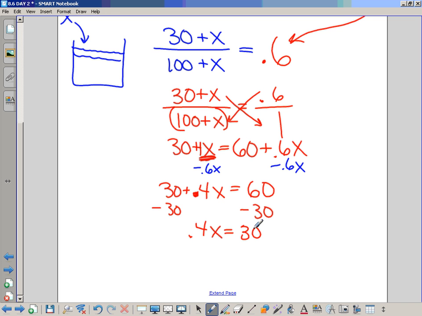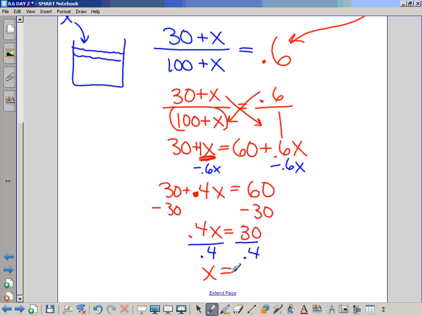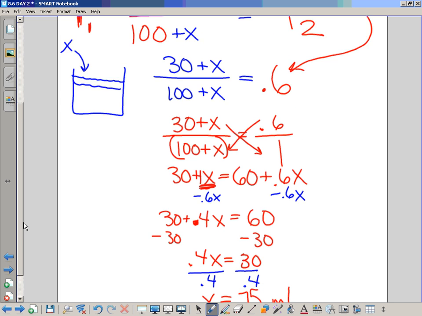Finally, the X is going to kick out the 0.4, by dividing both sides by 0.4. So our final answer here, when you take 30 divided by 0.4, you get 75. So we would need to add 75 milliliters of acid to the mix in order to get it to 60%.